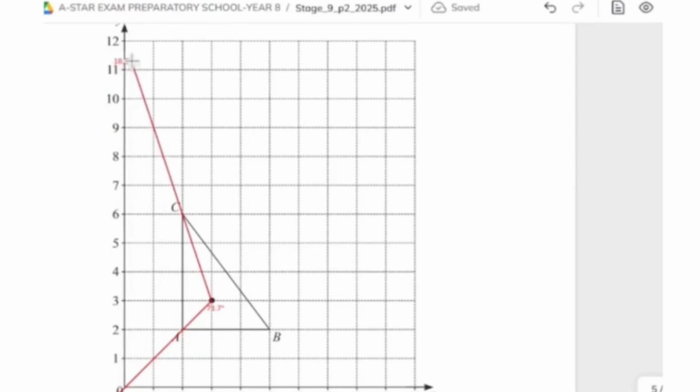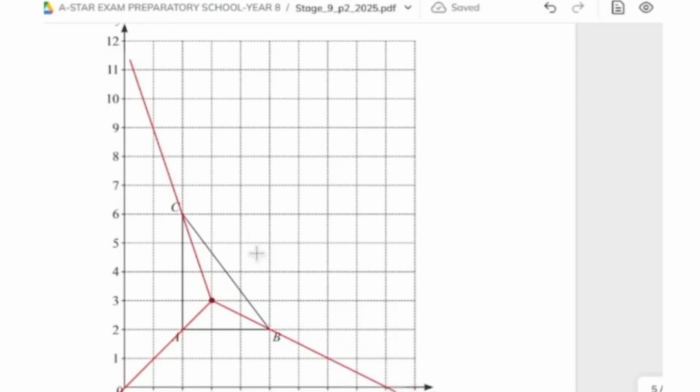Make sure it's passing through the vertices. You pass through point C. Good. Then from here also I project. Good. So what do we do next?